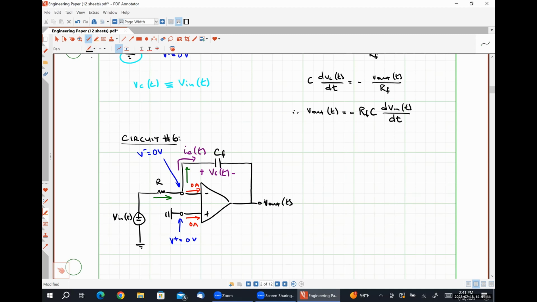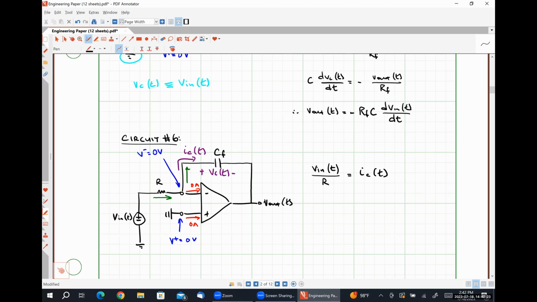So that means that we are going to have Vin minus 0 divided by R will be equal to IC of T. So now we've got to figure out how IC is related to our output voltage, right?